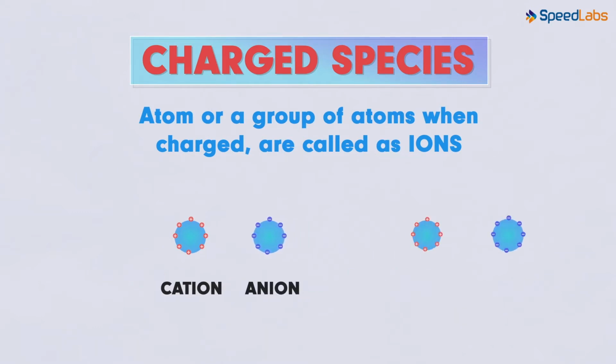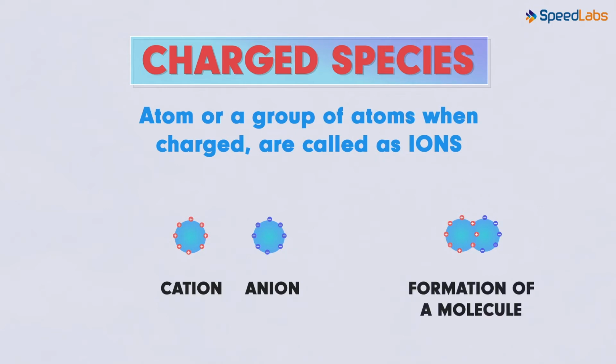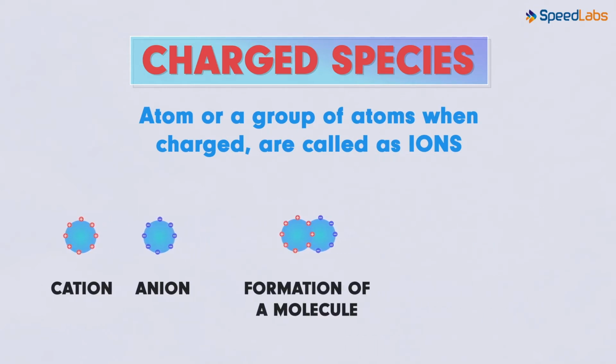What happens if cations and anions come near each other? By the law of nature, these will attract each other and get bonded. This bonding leads to the formation of a molecule. And what will this give rise to? Yes, when many such similar molecules come together, they will form a compound. Do we have an example of this?